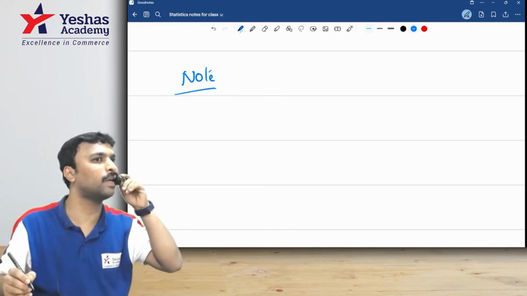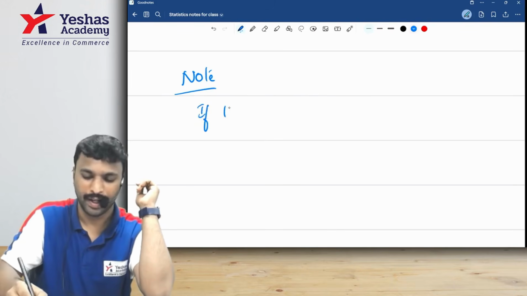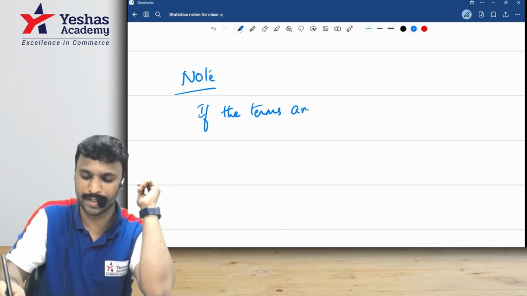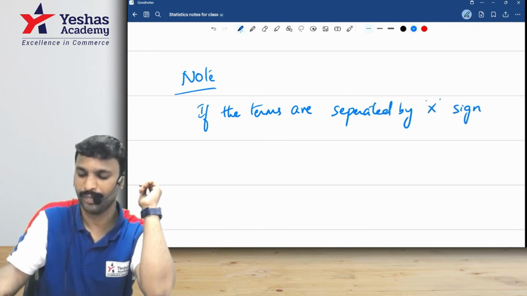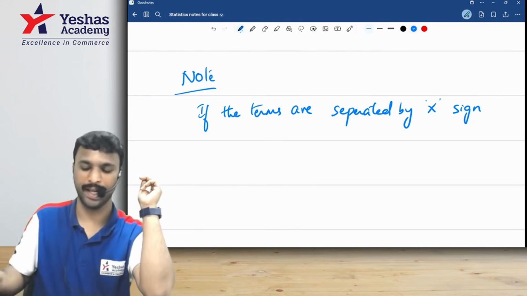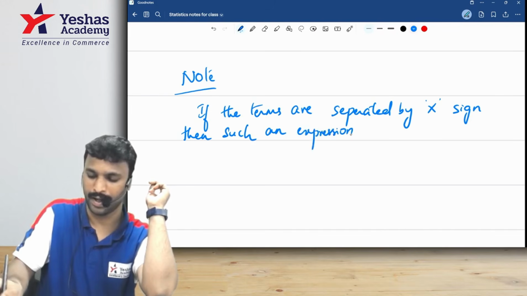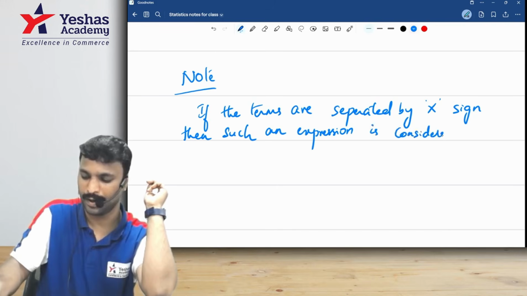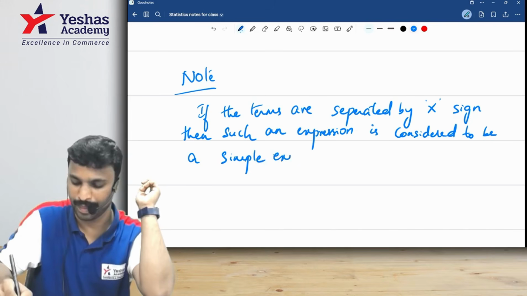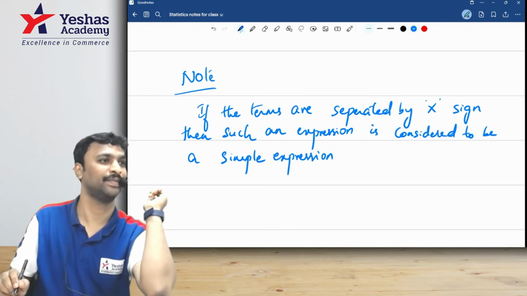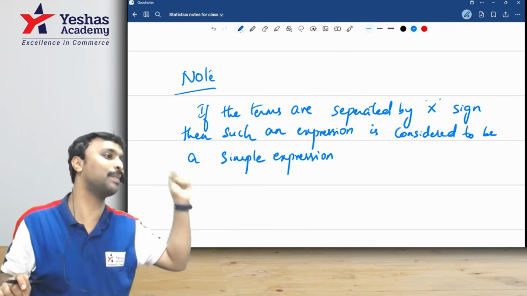Please note this. If the terms are separated by into sign, then such an expression is considered to be a simple expression, not for us, for the calculator.